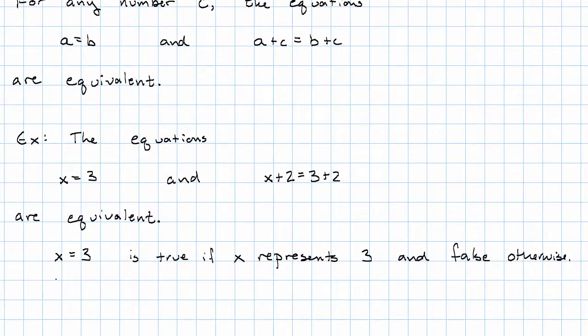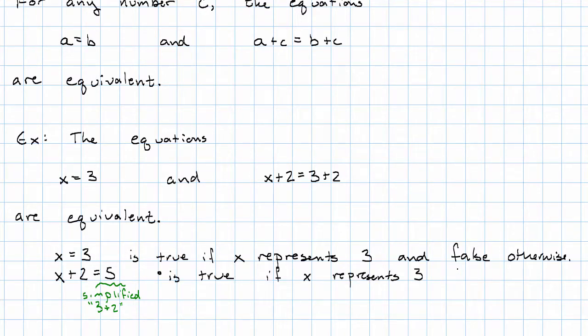On the other hand, the equation x plus 2 equals 5, here I just simplified 3 plus 2, is true if x represents the number 3, since 3 plus 2 really does equal 5, and is false otherwise, because any other number plus 2 gives us something other than 5.